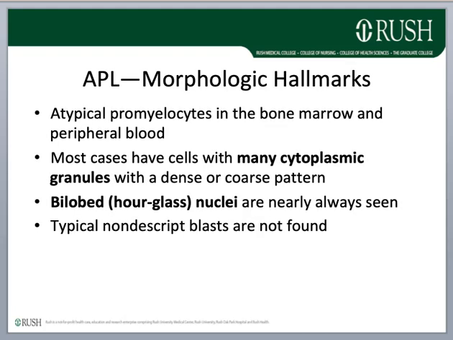Another thing that distinguishes APL is its morphology. APL is characterized by the presence of atypical promyelocytes in the bone marrow and peripheral blood. These promyelocytes are usually large, about 4 times the size of red blood cells, and these are still myeloid precursors, and they have a quite variable morphology.